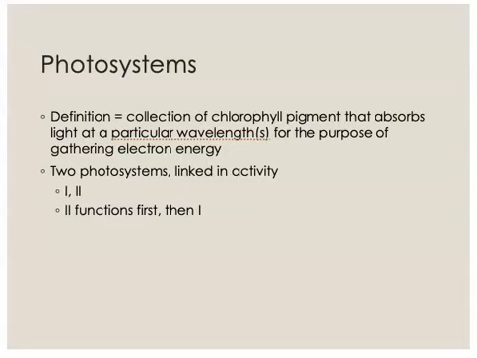And as we'll see in the next video, these photosystems are linked. We're going to call them photosystem 1 and photosystem 2. But I want you to remember that photosystem 2 is going to function first in regards to the process of photosynthesis. Photosystem 2 will function first, followed by photosystem 1.